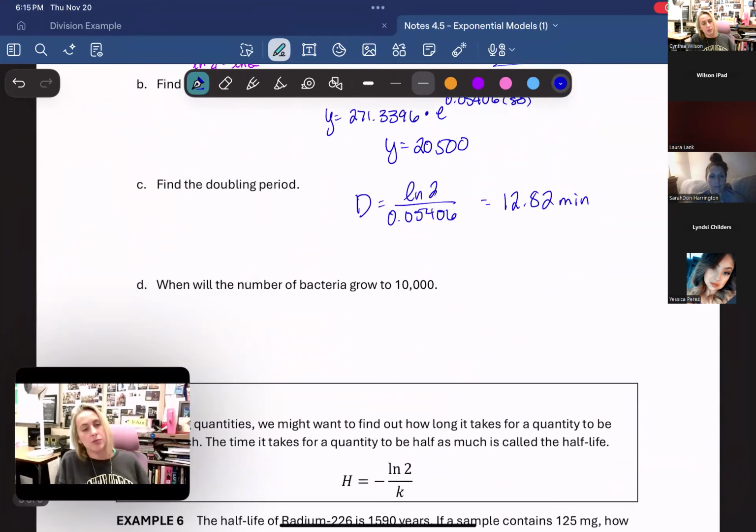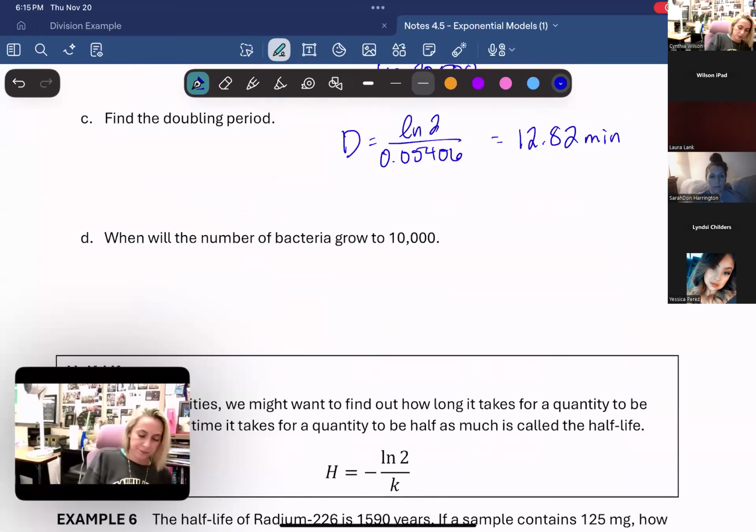And then when will the number of bacteria go to 10,000? Okay, so we're going to set that equation equal to 10,000.